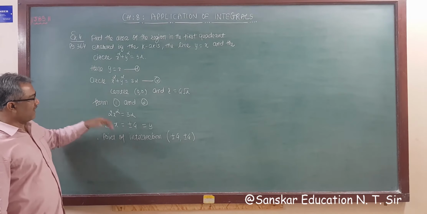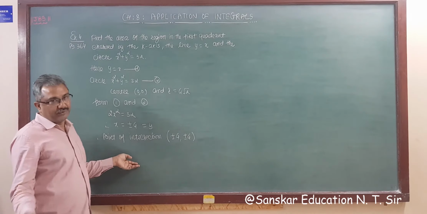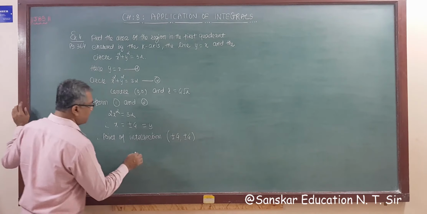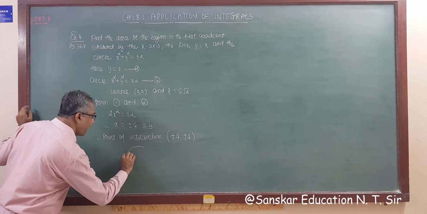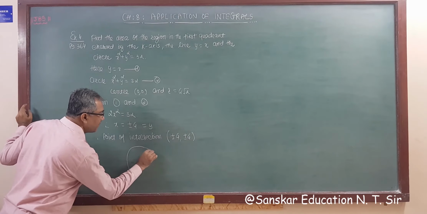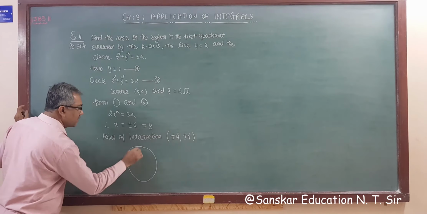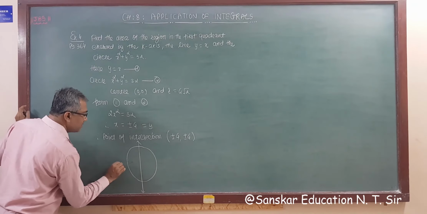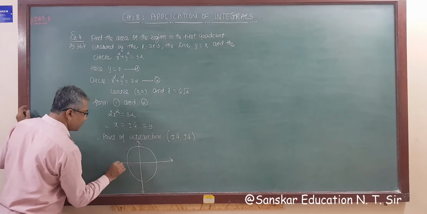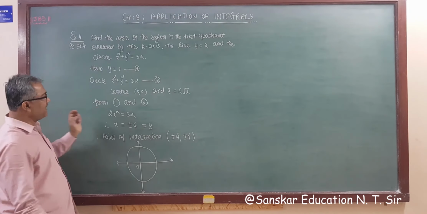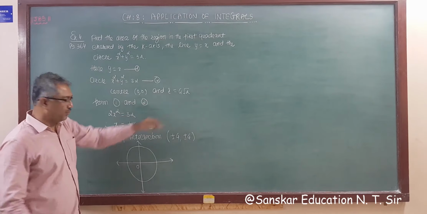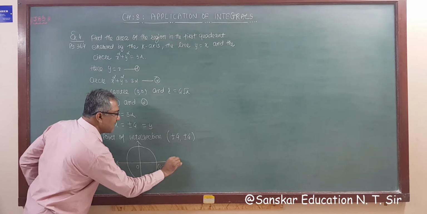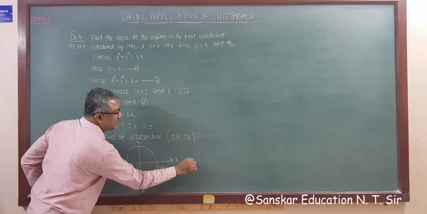Now after getting the intersection point, you have to draw a graph, that is the figure. Suppose this is your circle, I am drawing here. This is a circle with center 0 0, that is the origin, and radius 4 root 2, so this point is 4 root 2 comma 0. This is the x axis, that is y equal to 0.